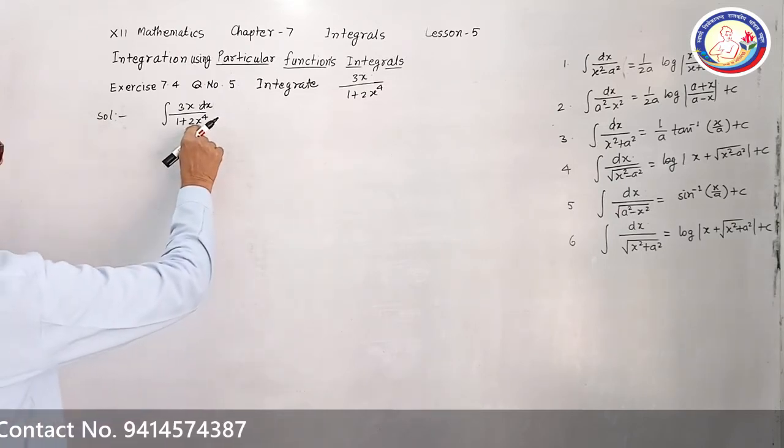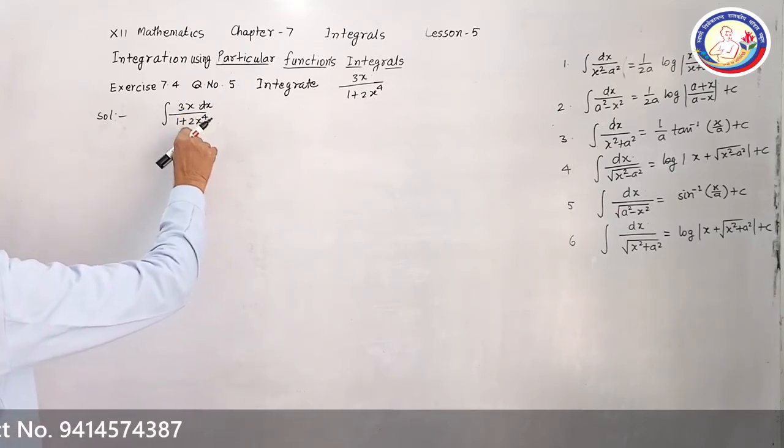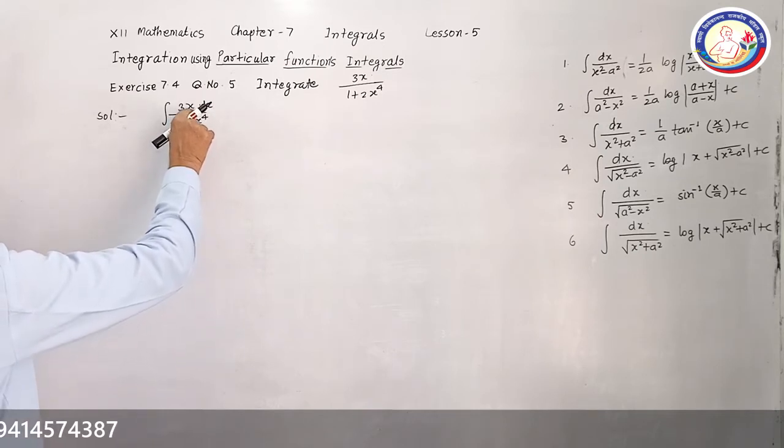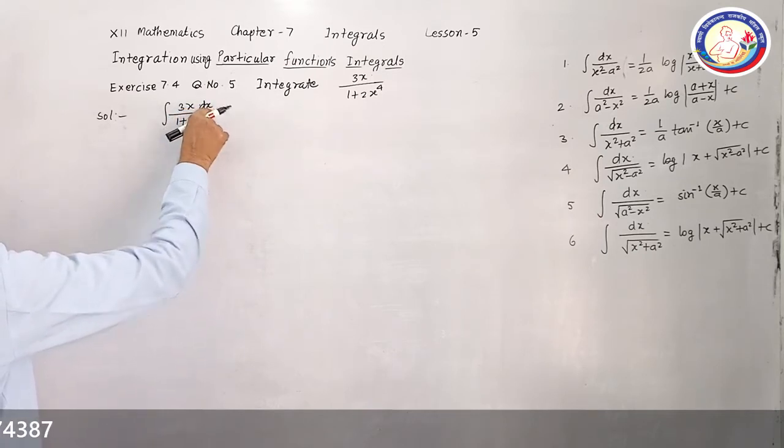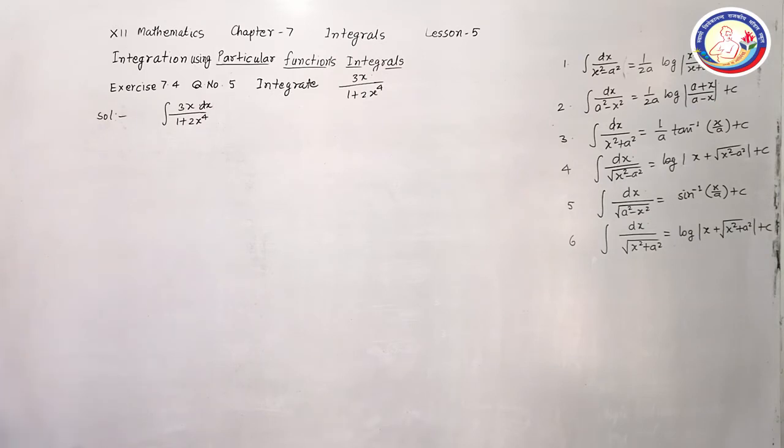If we put x square equal to t, then twice x dx equal to dt. This is present here, so we will use this substitution. Now proceed.